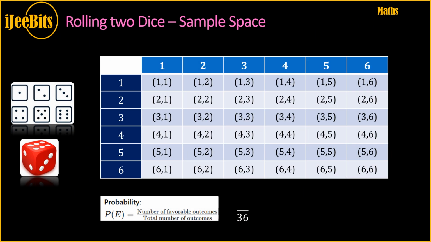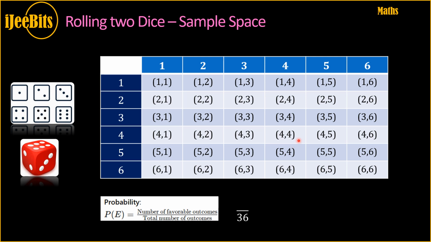Let's say I am trying to get a probability value for getting 4 4. So for getting 4 4, what is the probability when you are rolling 2 dice? How many occurrences will you get in this combination? You look at 4 horizontally and 4 vertically.